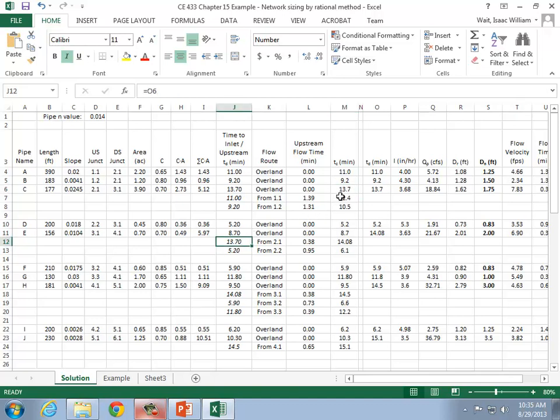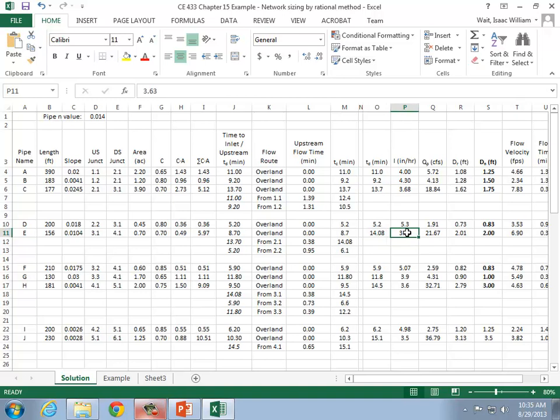So that's how long it takes the water that's actually coming via pipe C. And this is the water that's coming via pipe D. So we use the T sub C that was there before. And select the biggest of these 3 to be the T sub D.